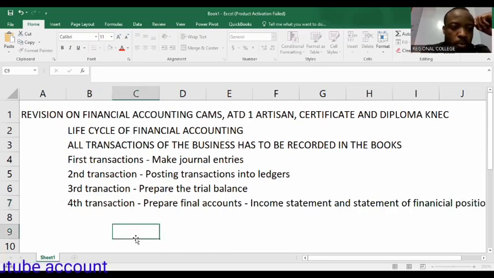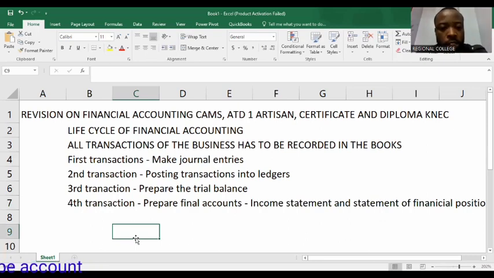So always in the life cycle of a business, when you're doing financial accounting, that is the sequence you're supposed to follow. First, make the journal entries on the transactions as they come into your business. Then second, post them into the ledger accounts, so that you know how much is in each account.